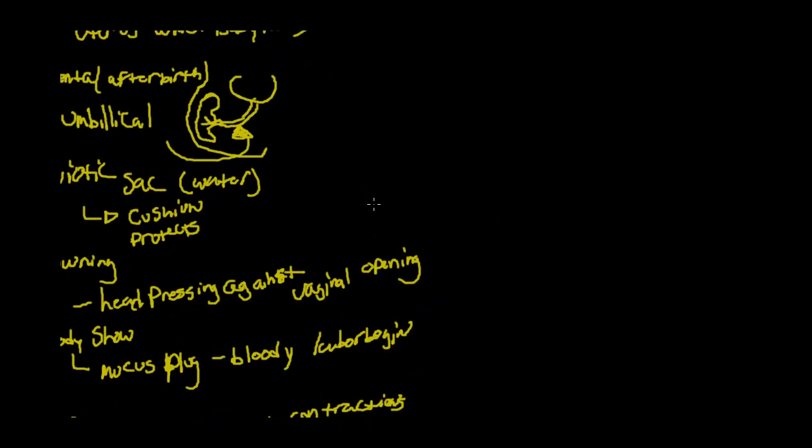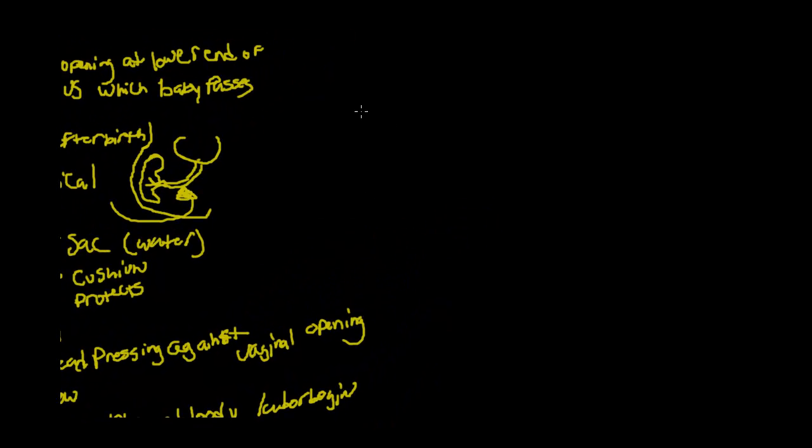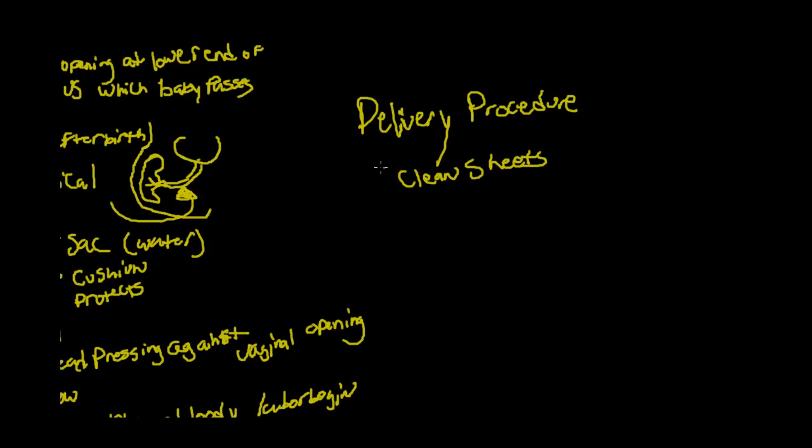So let's talk a little bit about delivery procedures. This is how to prepare. If you know you're going to have to deliver a baby, this is some of the stuff that you'll need. You need clean sheets to wrap the baby in.